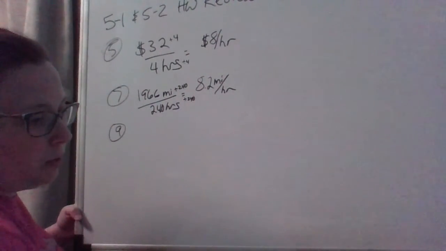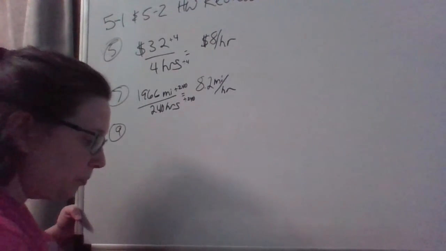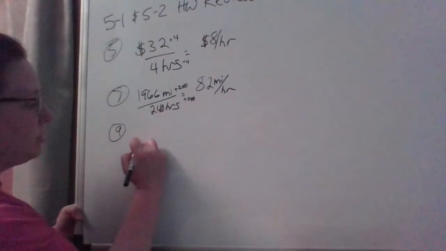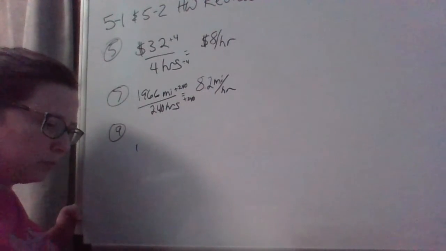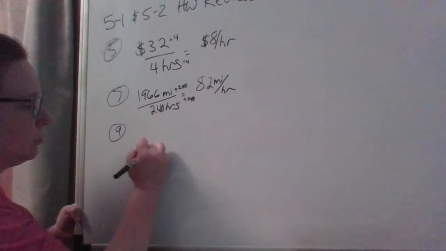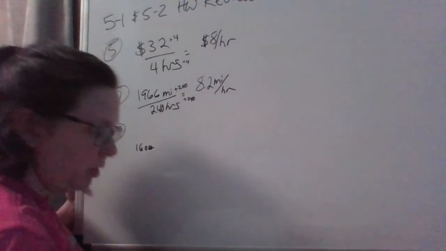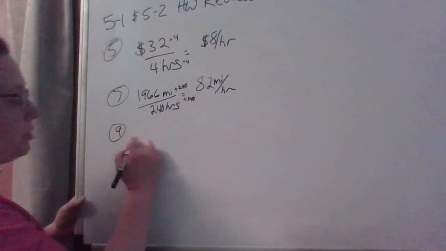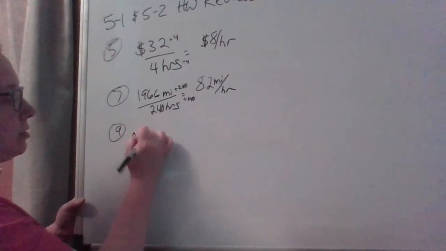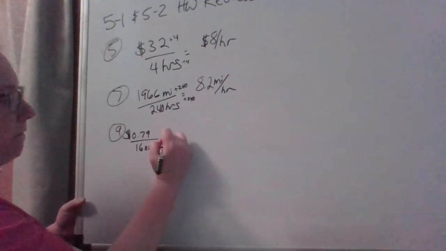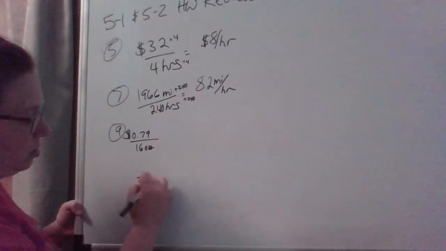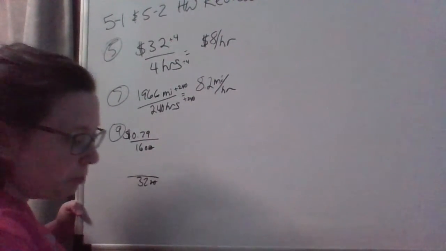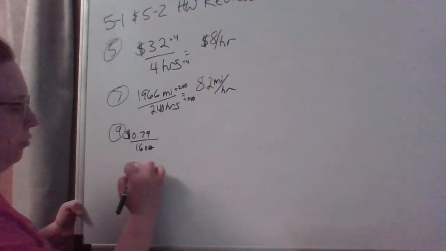And the last problem, number 9, says that a 16-ounce package of brown rice costs 79 cents. A 32-ounce package of brown rice costs $3.49.